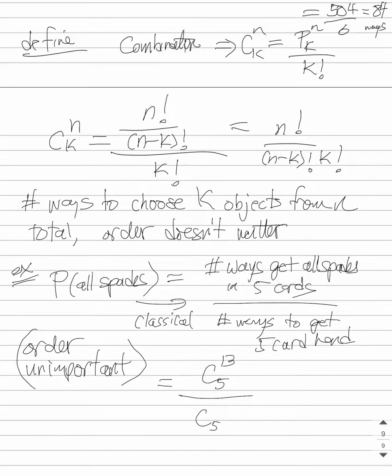Well, you want to choose 5, but there are 52 for you to choose from. So these numbers are really, really big. These are gigantic. You're going to have 13 factorial over 13 minus 5 factorial, 5 factorial, over 52 factorial over 52 minus 5 factorial, 5 factorial.